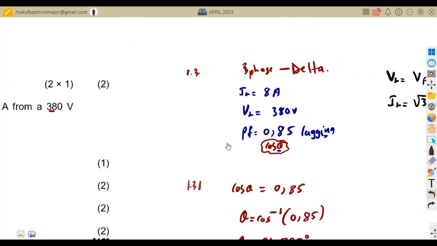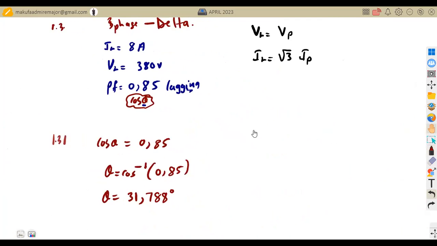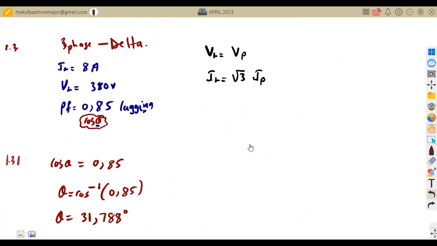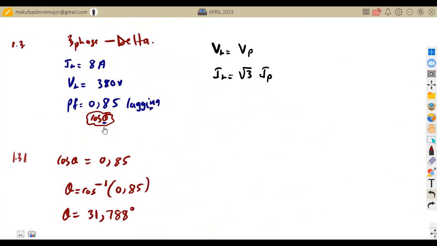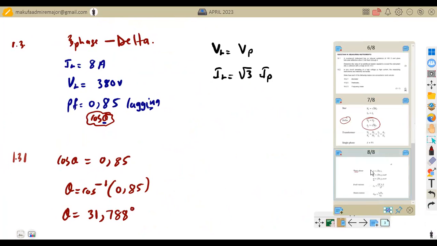Like I was saying from our power triangle, if you have forgotten this, visit your formula sheet, the formulas we use when dealing with power.